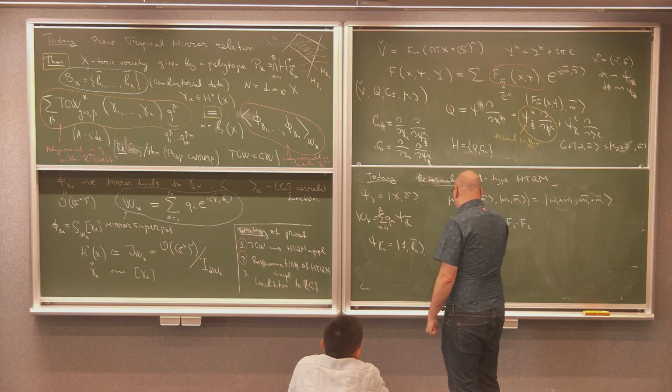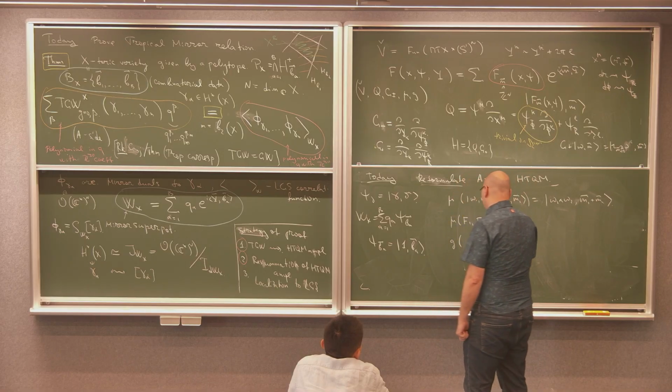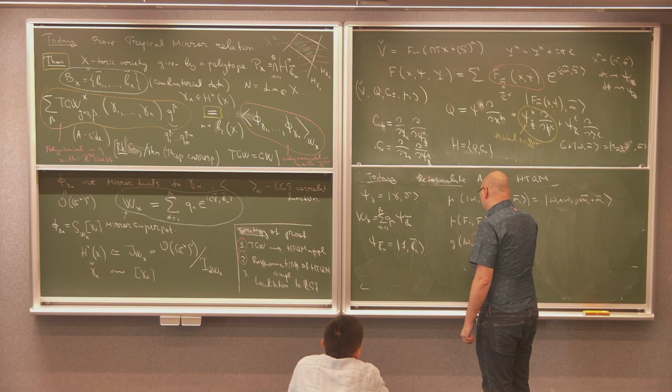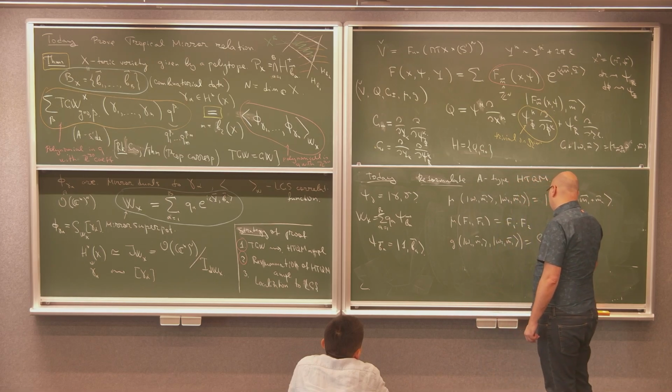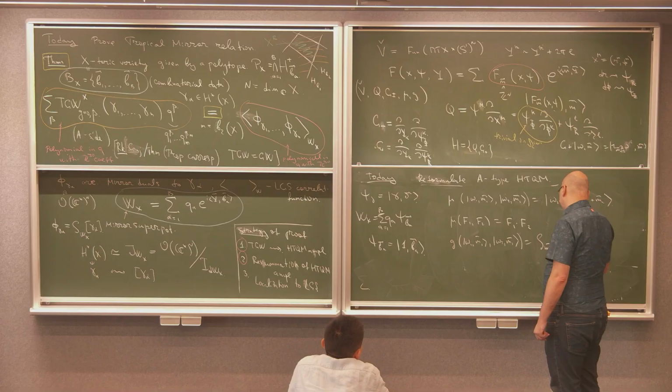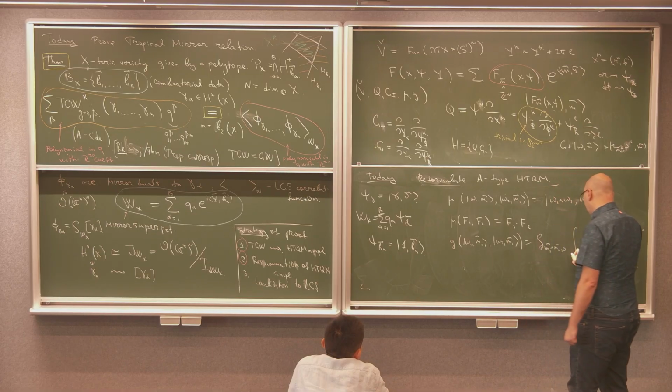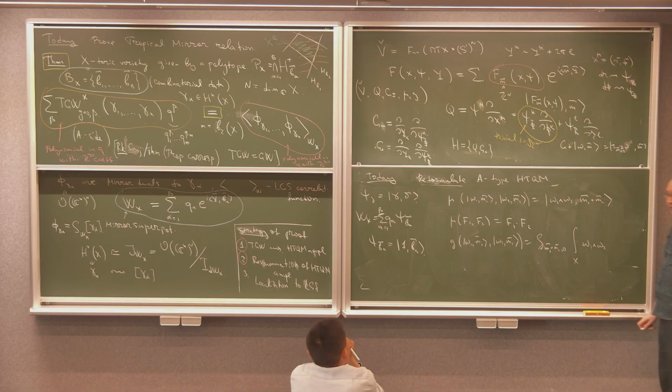Now the similar thing with the pairing. Previously for the pairing, we also needed to do two things. We needed to check that m1 plus m2 add up to 0. And then if they add up to 0, we take a wedge product of differential forms and integrate it over x.